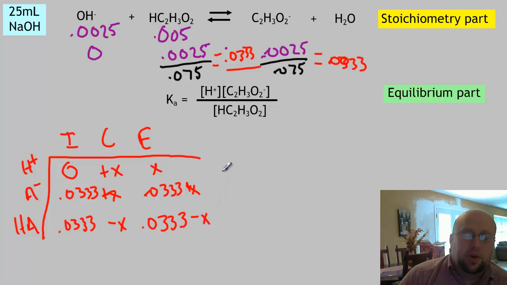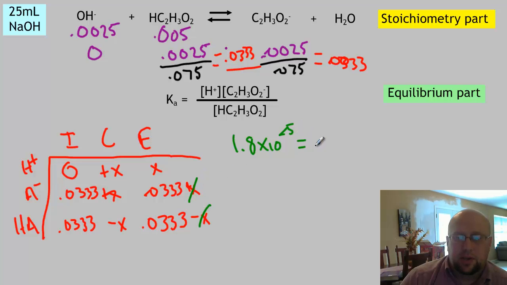And again, since we're using that same Ka value that we've been using, 1.8 times 10 to the negative fifth, it's a pretty safe assumption for us to say, hey, we're going to get rid of those x's. They're relatively small compared to their numbers. And so that will ease up our math a little bit.